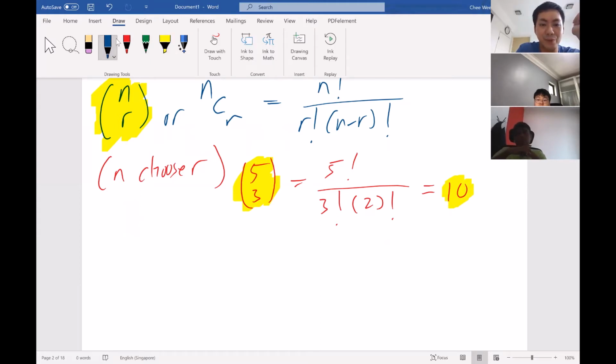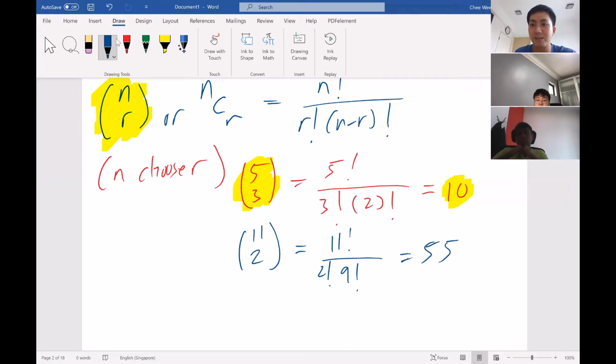So again, if you have 11 football players, you need to choose 2 to be your strikers. The number of possible combinations is 11 factorial over 2 factorial times 9 factorial, giving me, give me a minute, 55. So there are 55 possible combinations of 2 strikers from a pool of 11 football players.